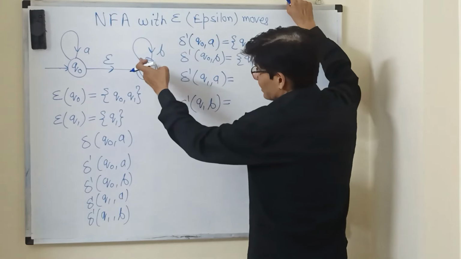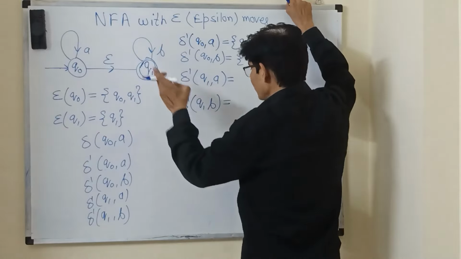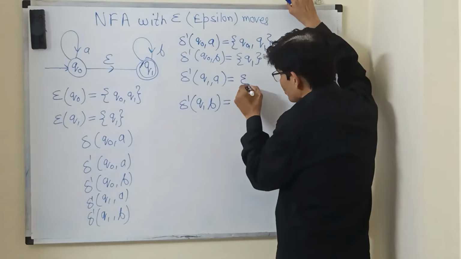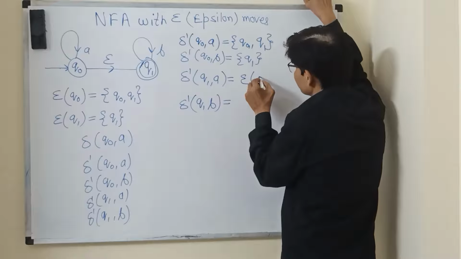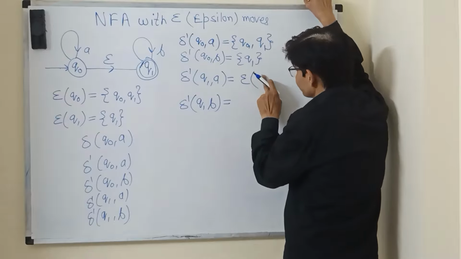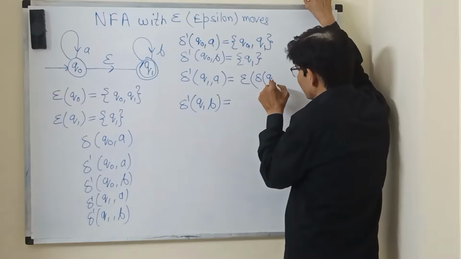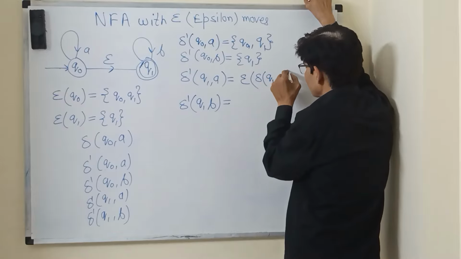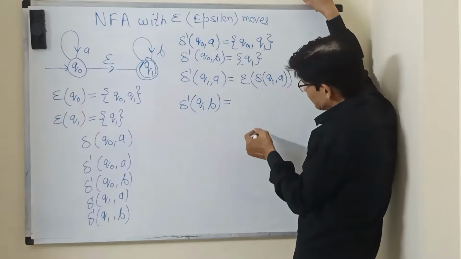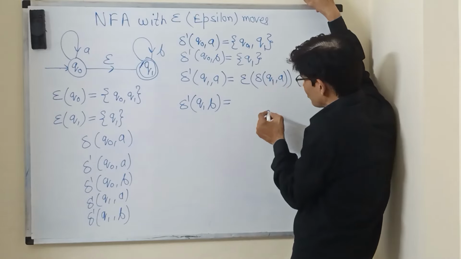There is no transition of A on Q1, so that would be epsilon closure of delta(Q1, A), which is phi. And then for Q1 B, that would be epsilon closure of delta(Q1, B). If we get B on Q1, we stay on Q1.